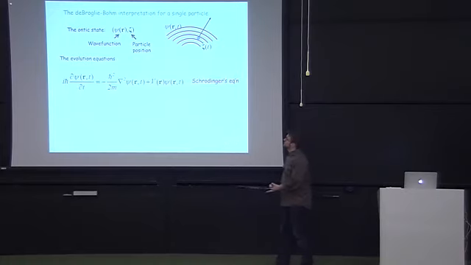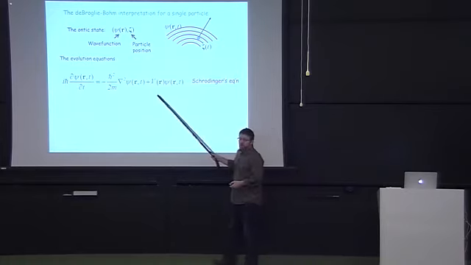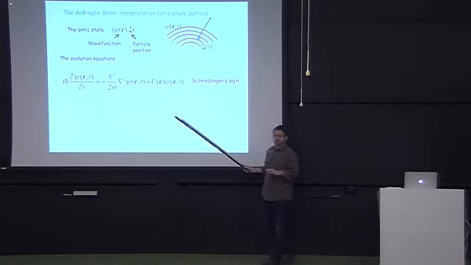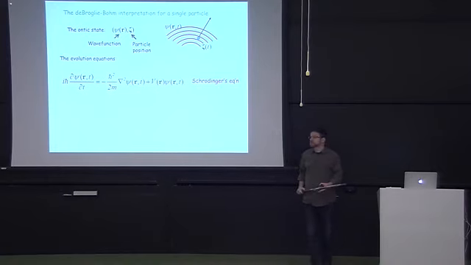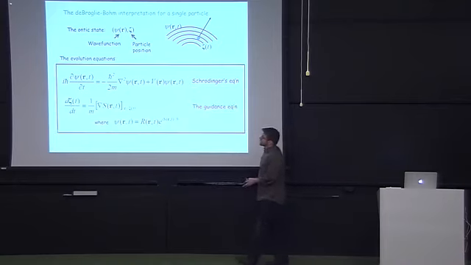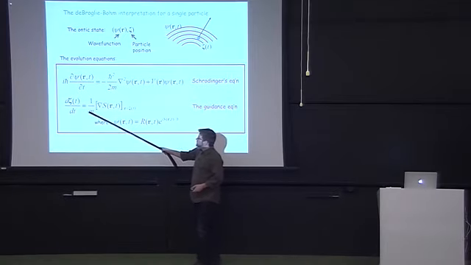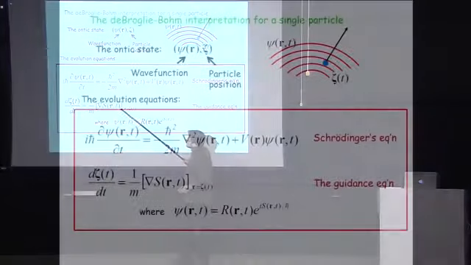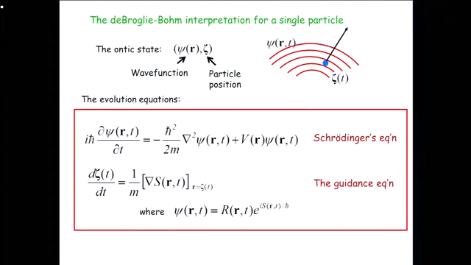The dynamics for the wave function is just given by the Schrödinger equation. So nothing has changed about the wave function. It evolves in exactly the way that orthodox quantum mechanics would predict. And the evolution equation for the Bohmian position is given by this equation. S here is the phase of the wave function. So what you're asked to do is take the wave function and decompose it in a polar decomposition.